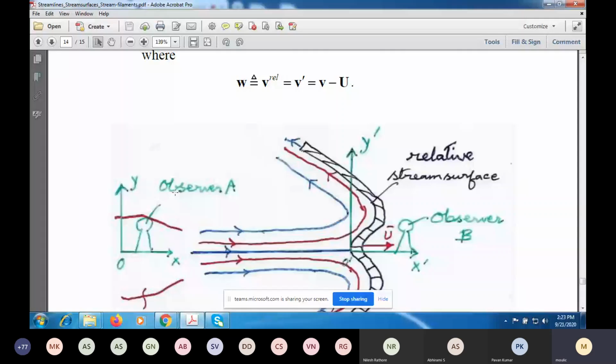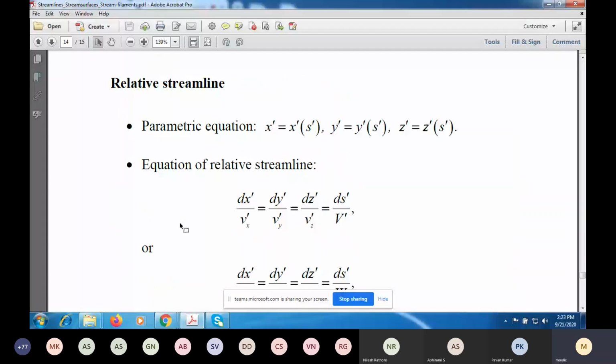The only difference is now we'll replace x, y, z by x prime, y prime, and z prime, and the arc length parameter s will be replaced by s prime.